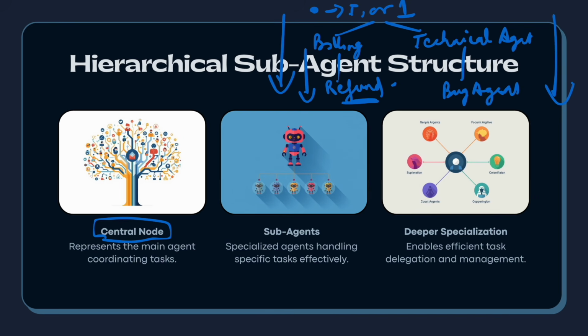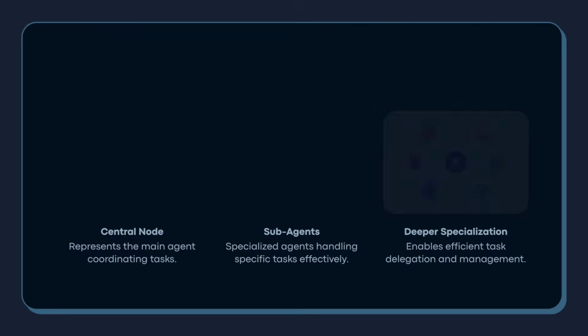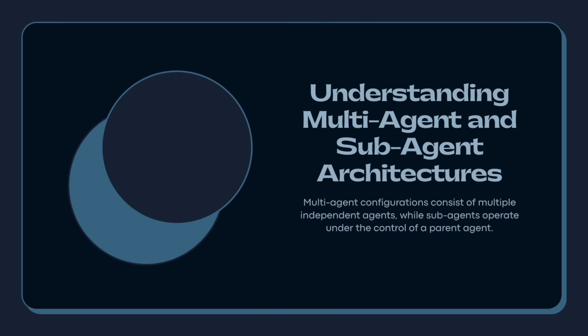Now let's talk a little bit more about something known as a sub-agent. Let me make the distinction really clear, because people confuse this a lot. Multi-agent means multiple agents exist in your system. Sub-agent means an agent that is called by another agent as part of its tool execution.